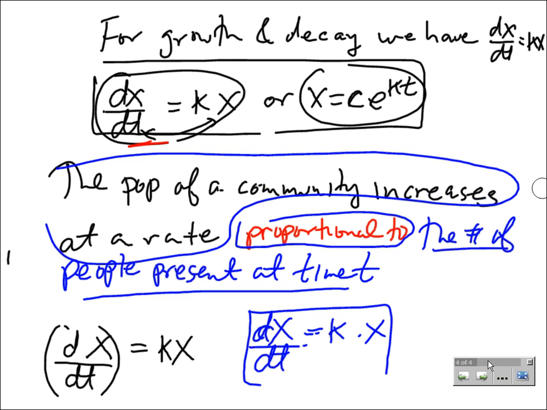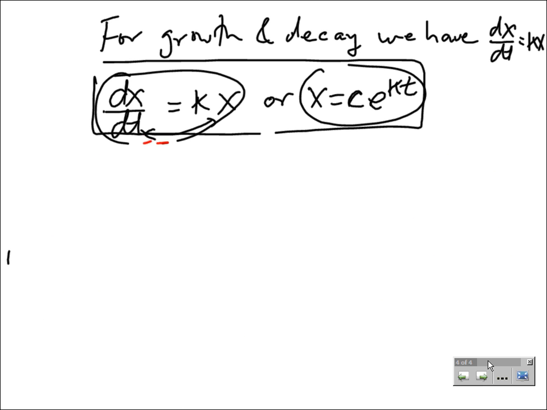Okay. So I'm going to read it again, and it says the population of the community is known to increase at a rate proportional to the number of people present at time t.